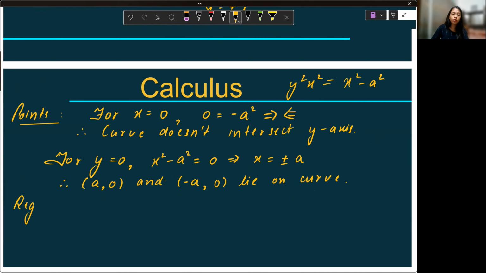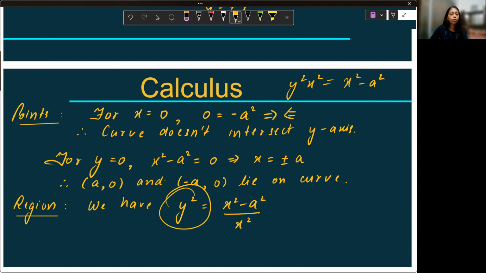Last, we talk about that under root sign which represents the region. So we have y square equals, what is y square? This is x square minus a square by x square. Definitely this y square is greater than or equal to 0.